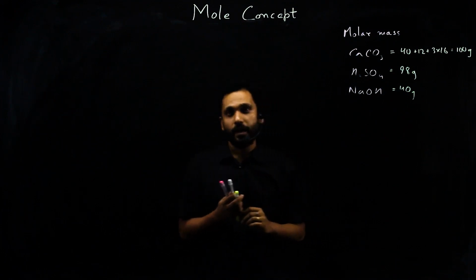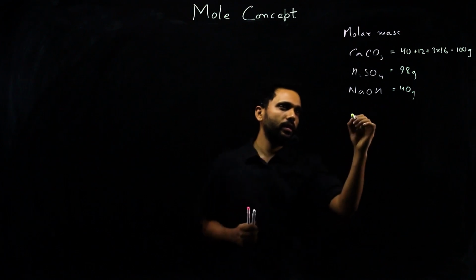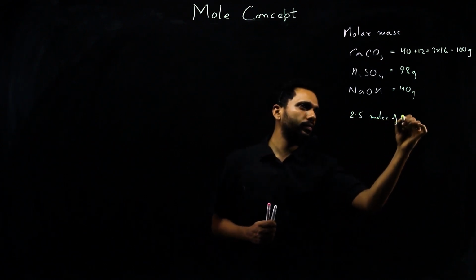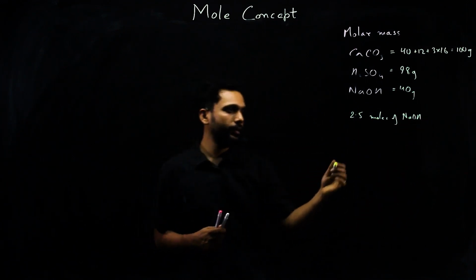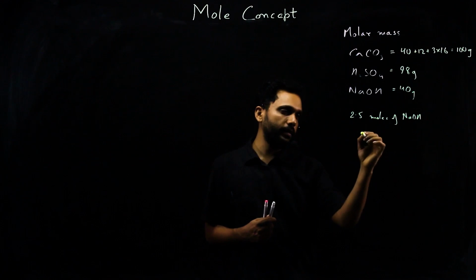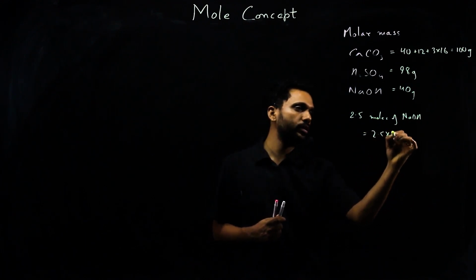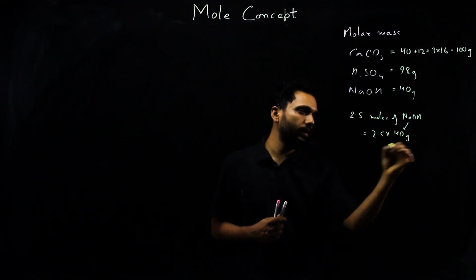So if I say I've got 2.5 moles of NaOH, what would be the weight? What will be the mass I'm having? That would be equal to 2.5 times the mass of 1 NaOH. 1 NaOH is 40 grams.